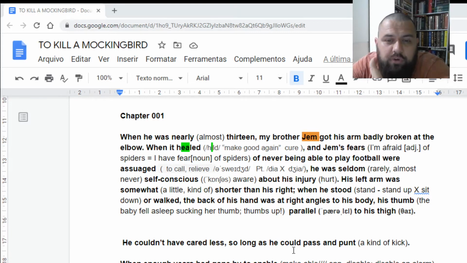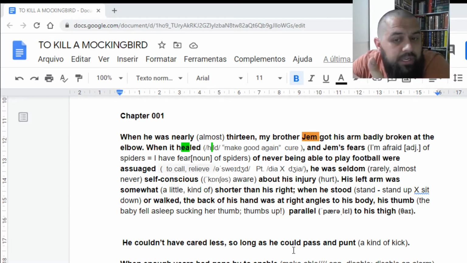He had very strong fears, but apparently his elbow healed, and his fears just calmed down. So they were assuaged. Then he rarely thought about that. He was rarely conscious about his problem, about his injury.